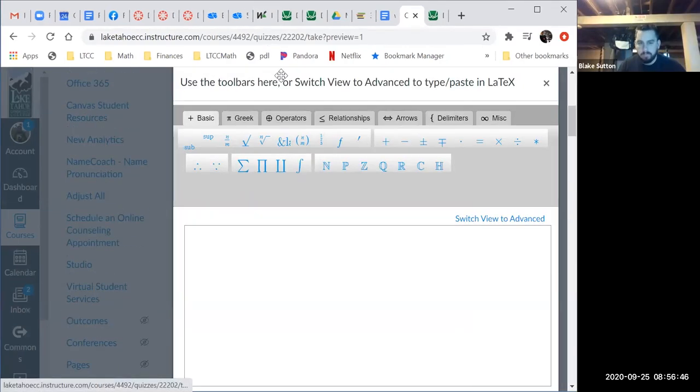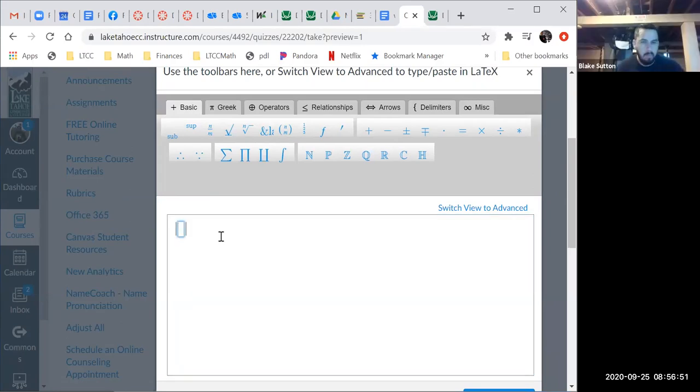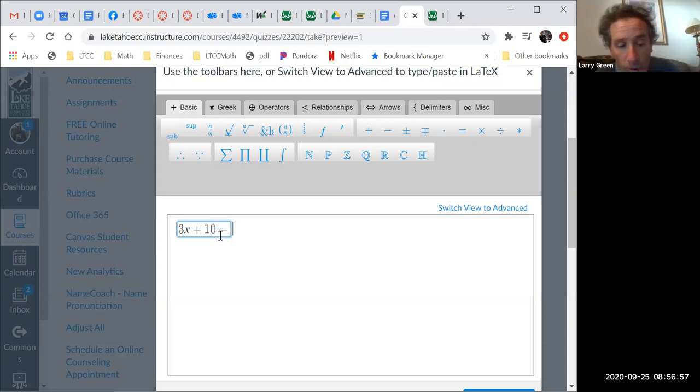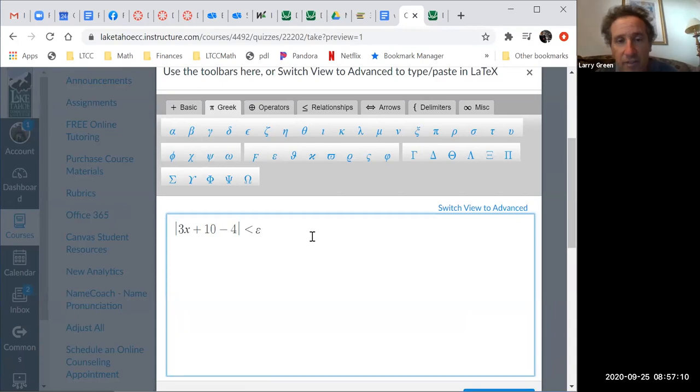So it's the absolute value of 3x plus 10, and then minus 4, needs to be less than epsilon. Any questions so far?